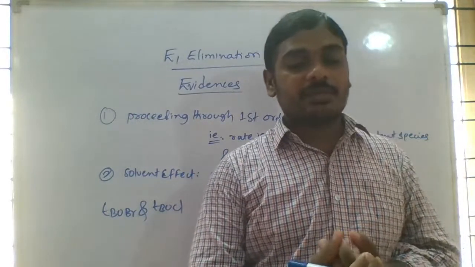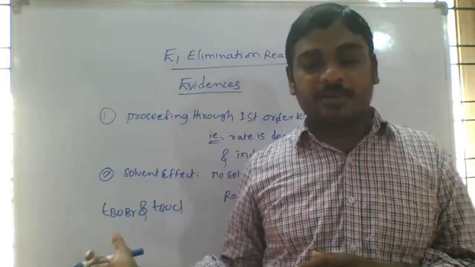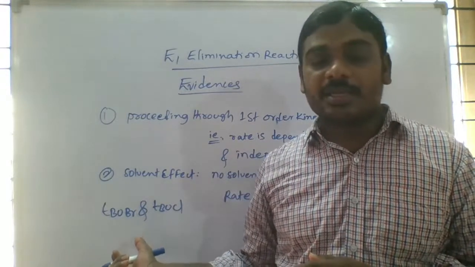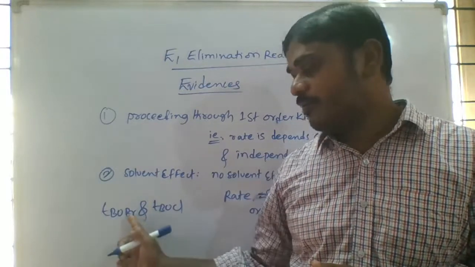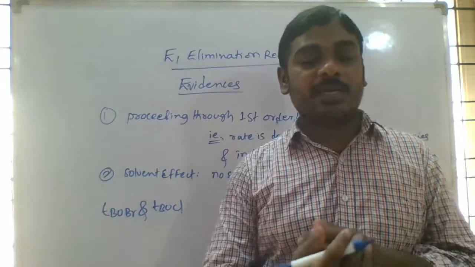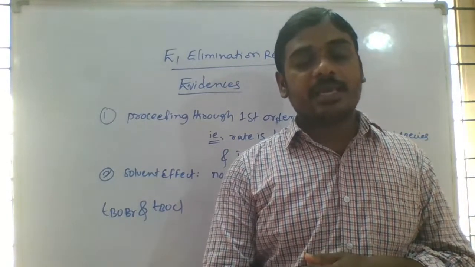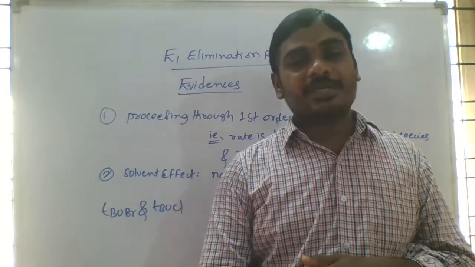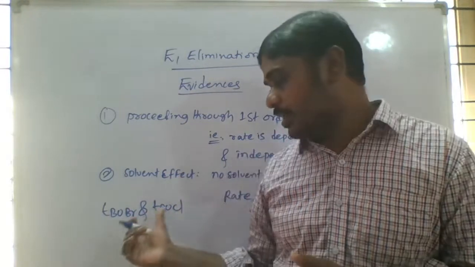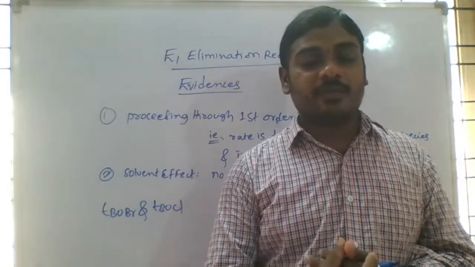In this case, the rates will be different, since the leaving groups are different: one is Br, the other is Cl. The rate is different depending on the ionizing ability of the molecule, and Cl is more ionizing compared to Br. Therefore the rate is different.